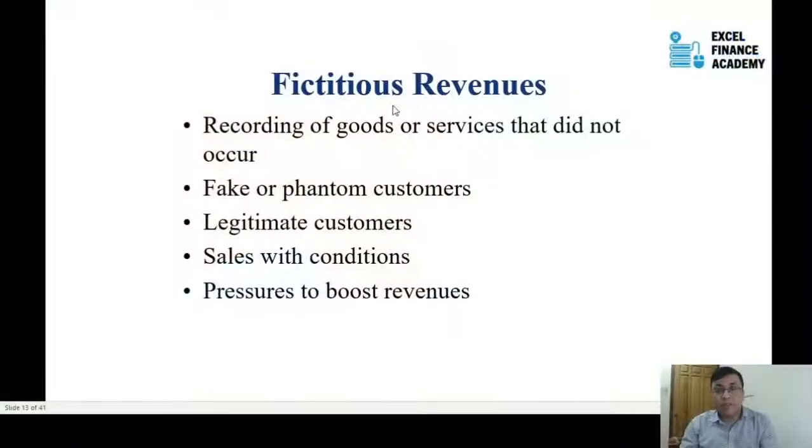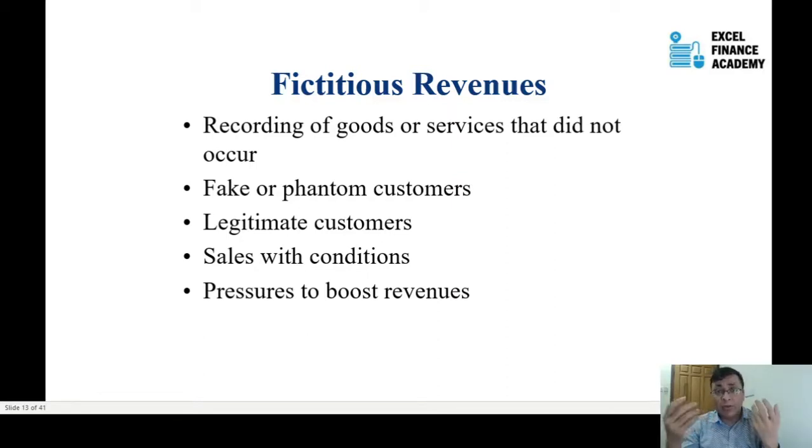In fictitious revenues, what happens is the company is recording goods and services that did not occur in the real world, or they are recording sales to fake customers.